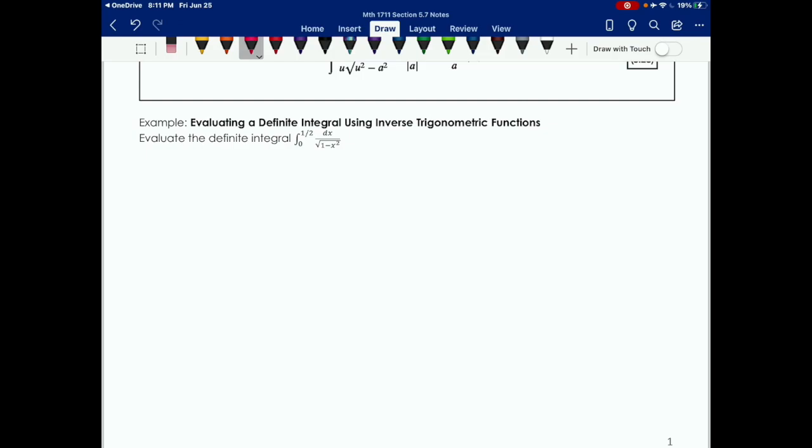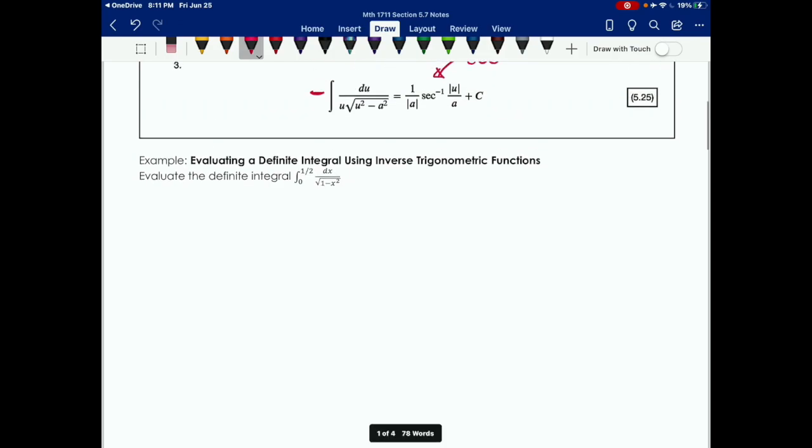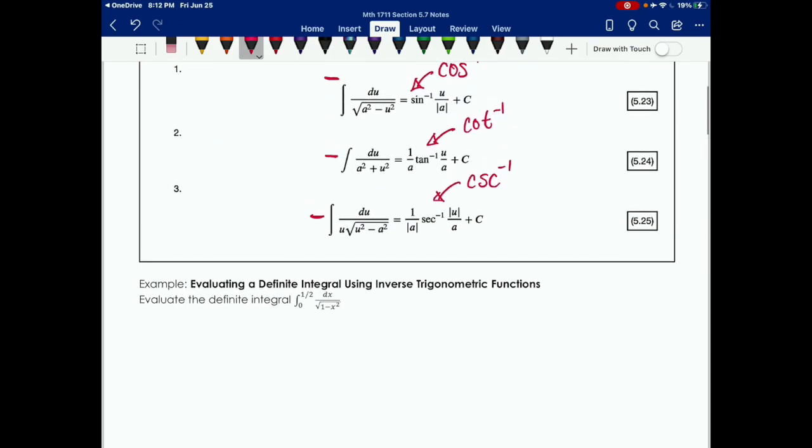Now if we look at the formulas above, we're looking for a formula that fits this structure.